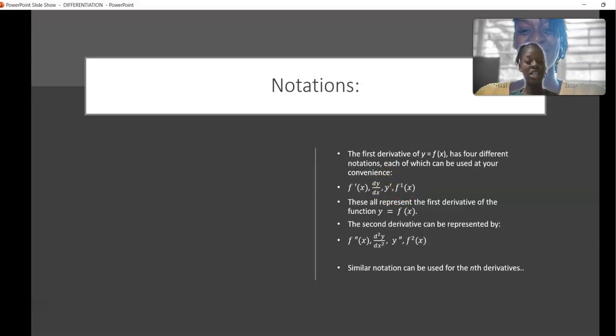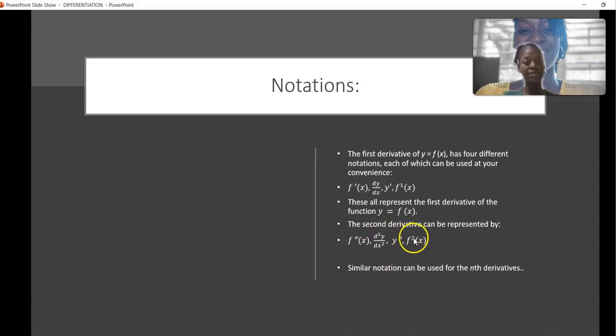If it's the second derivative, then it's f double prime, d squared y by dx squared, y double prime, or f superscript 2 of x. The 2 is referring to the second derivative. And however far you go, it is the nth derivative.